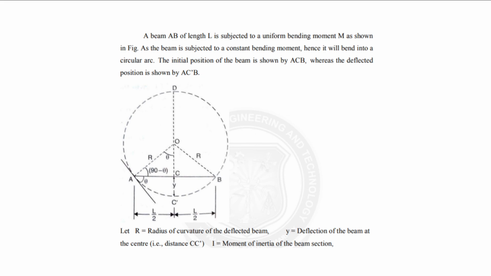The initial position of the beam is shown by ACB, whereas the deflected position is shown by ACB. So this is the elastic curve, the circle, L by 2 and L by 2 in a beam. R is equal to radius of curvature of the deflected beam. Y is deflection of the beam at the center. I is equal to moment of inertia of the beam section.